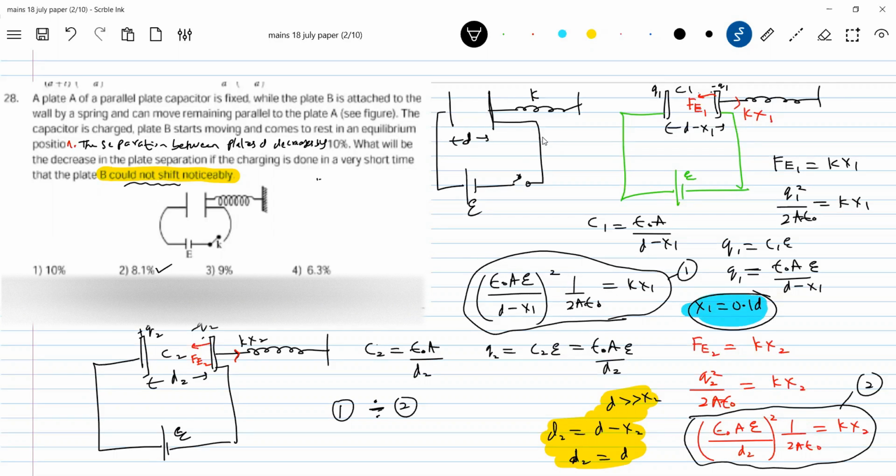In the first case, the plate will shift gradually from rest to rest. In the second case, it moves suddenly, so at equilibrium it will have velocity. That's what happens here. You have to just go back to SHM, that's all. The plate will have velocity here. When you are writing this equation, here the plate will be at rest, I'll write the equation.